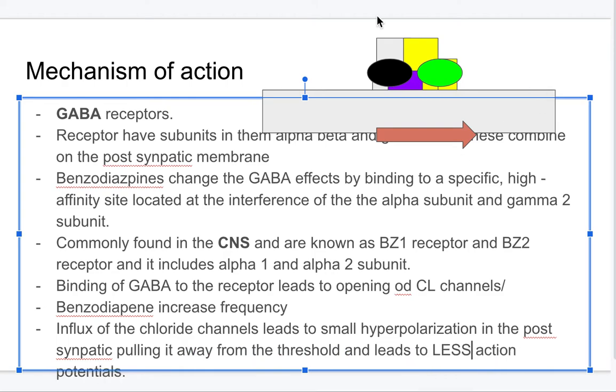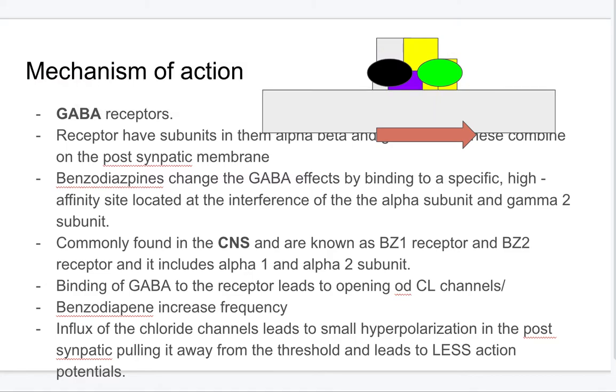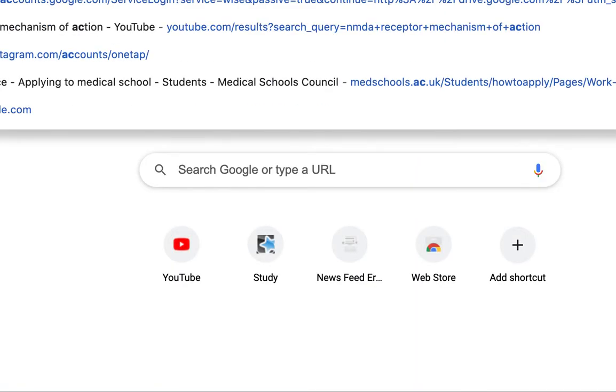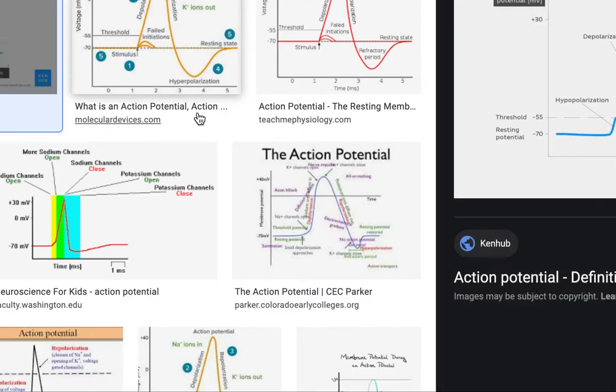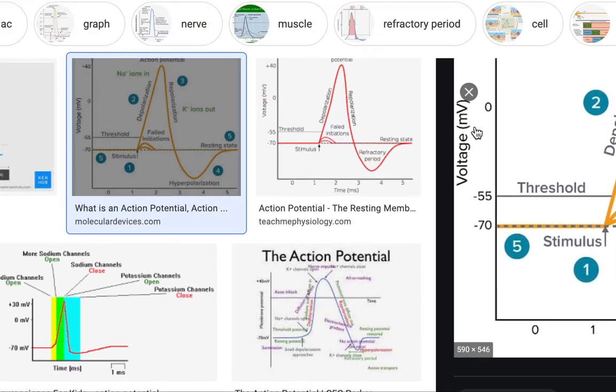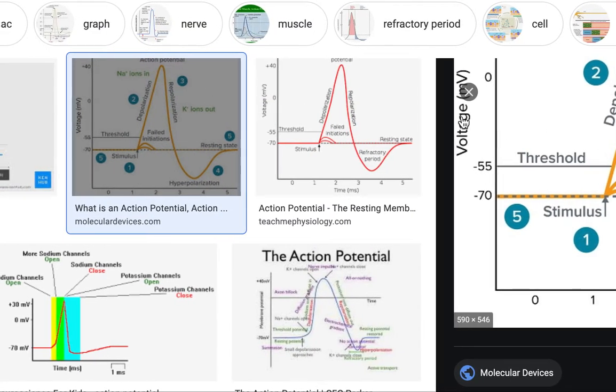So what does any of that mean? Let's find an action potential image on Google, copyrights go to Molecular Devices.